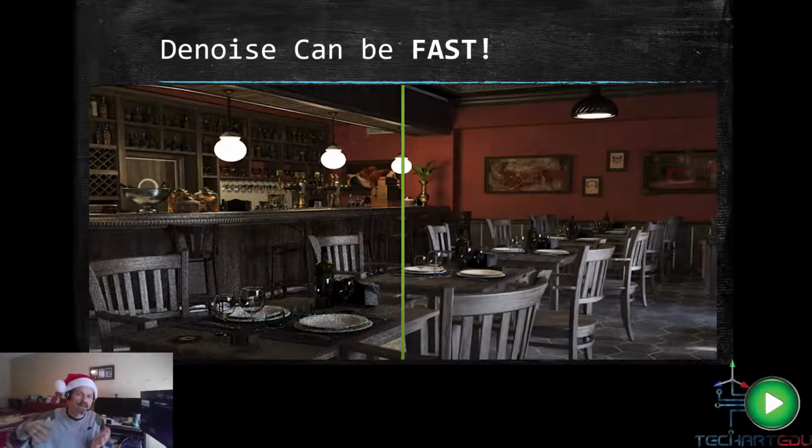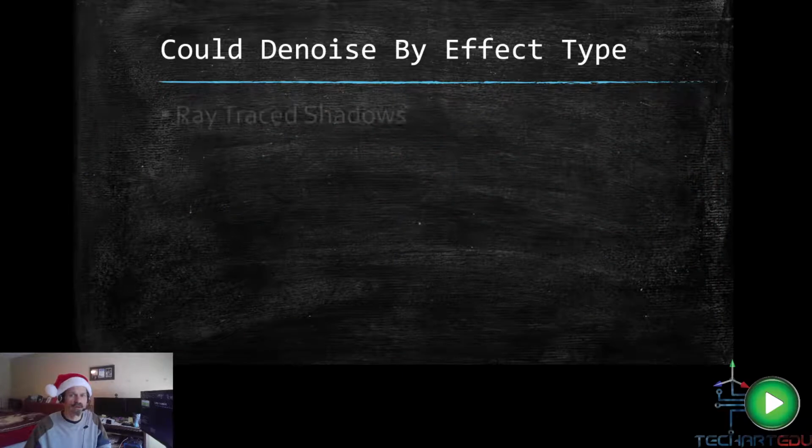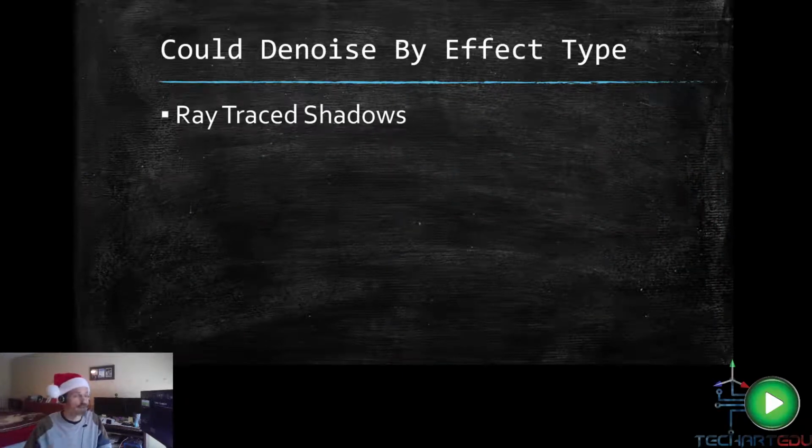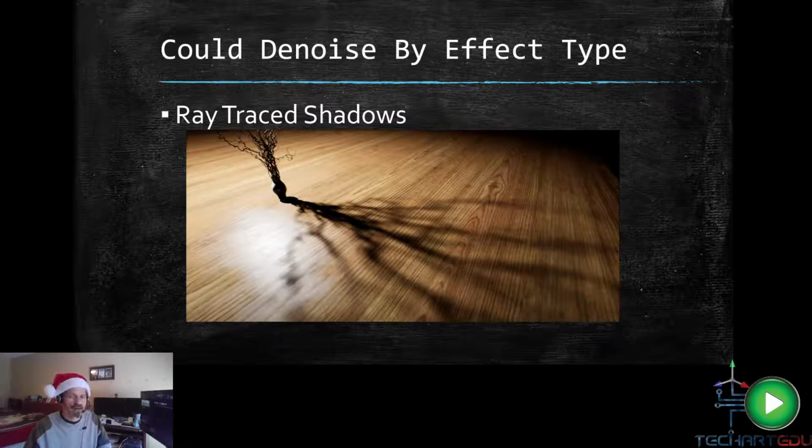Now, this denoising effect could be reserved for particular effect types. Suppose you were using ray tracing just for your shadows, and you're using rasterization. Then that could help speed up your process, because 1 sample can be sent in order to compute all the ray tracing samples and denoise that.